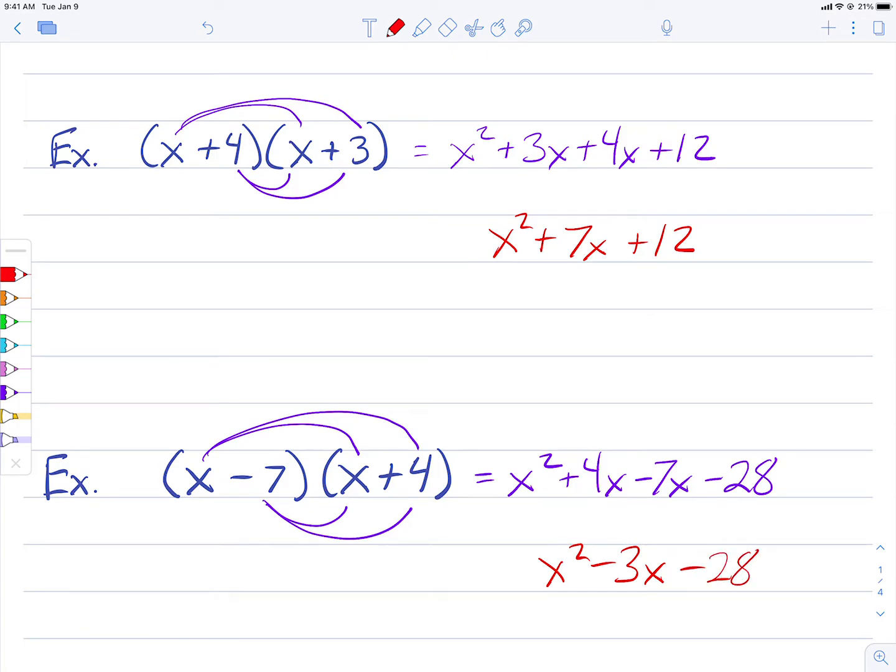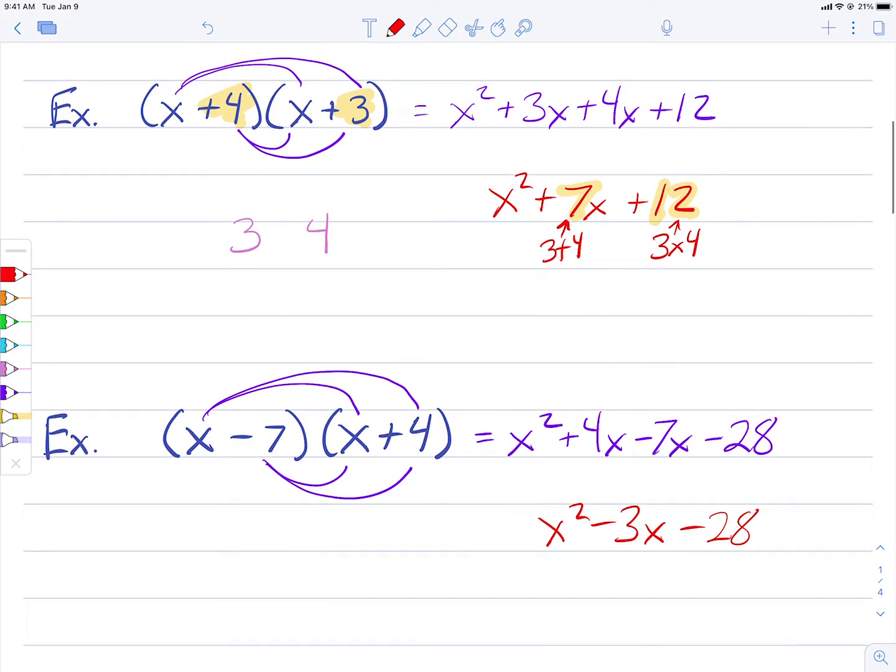Now what I want you to notice is that in these problems, like this first one, we had a 3 and a 4. So our key numbers are going to be a 3 and a 4. Well, what do you notice about 3 and 4 in terms of 7 and 12? Well, 3 plus 4 is 7, and 3 times 4 is 12.